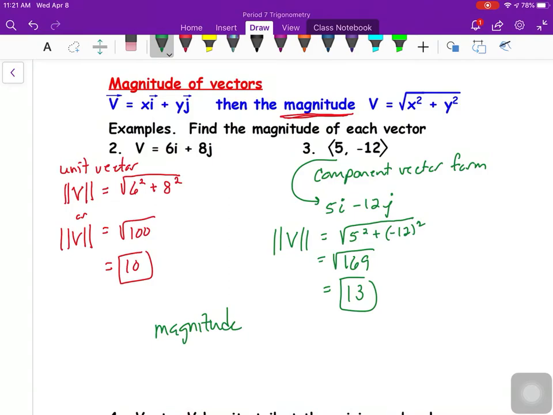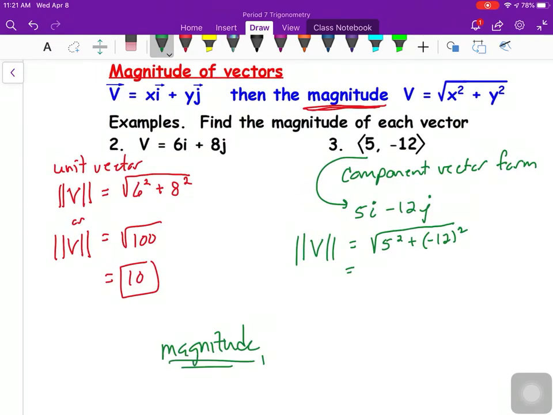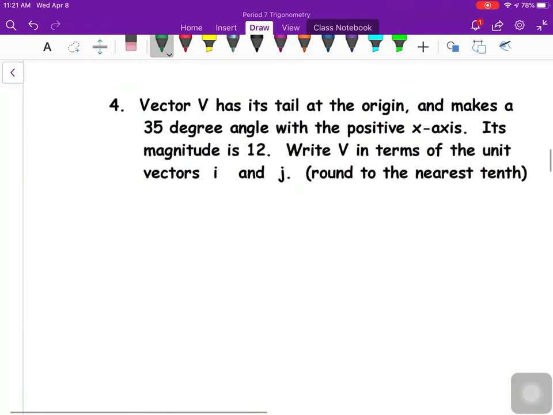So I have the square root of 169. So our magnitude is 13. So that's how we calculate magnitude. Again, I don't expect you to have any trouble calculating magnitude. You will have to know how to do this. It's really just the Pythagorean theorem repurposed.